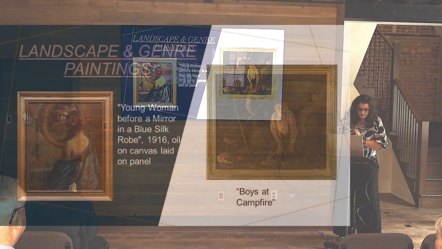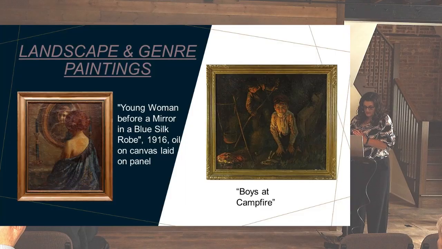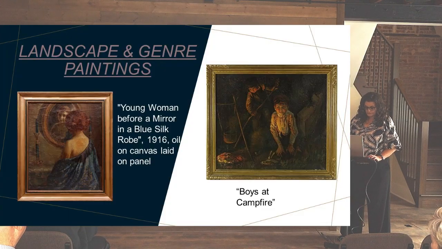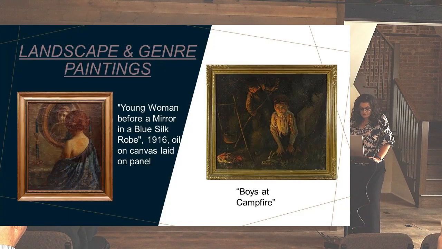Now, Grafton produced a significant body of landscapes and genre paintings throughout his career, complementing his better-known portraits and murals. He captured Midwestern regional environments and scenes of everyday life, reflecting the regional character of the American heartland. His work emphasized rural and urban fringes, drawing on his deep ties to the Midwest.